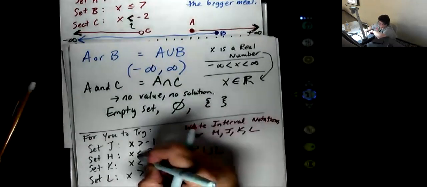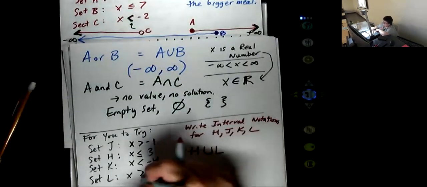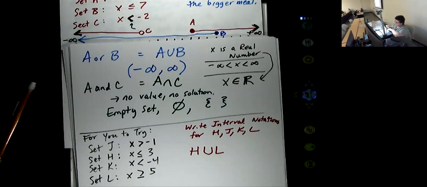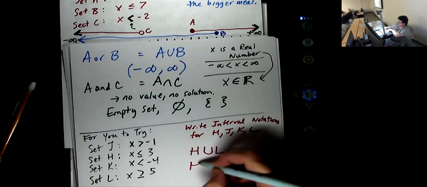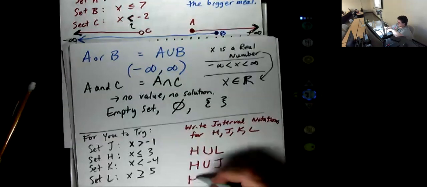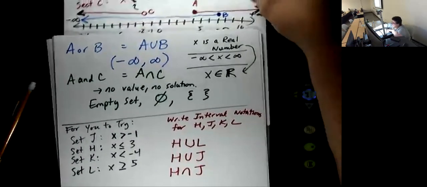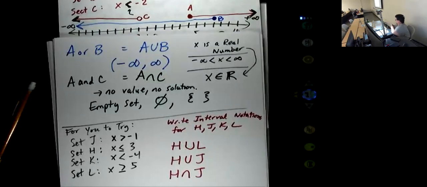Put an equal sign on H and let's put an equal sign on L. Then do H union J. And H intersect J. I'll give you a few minutes to go over that. And then we'll do it together. And that will be it for today.